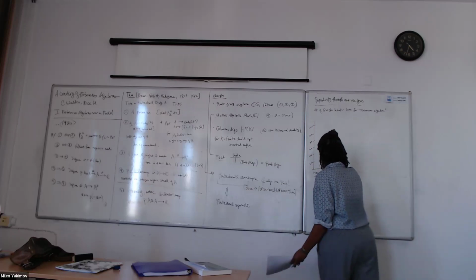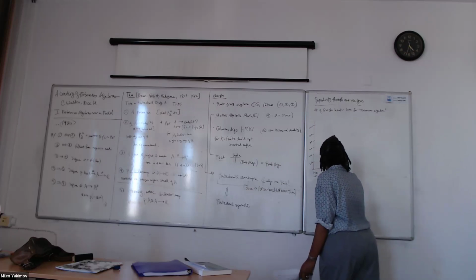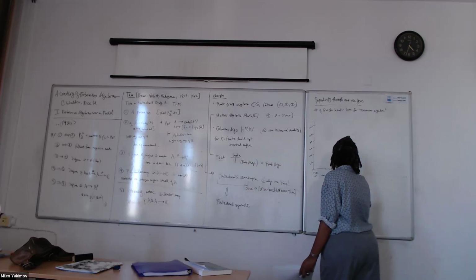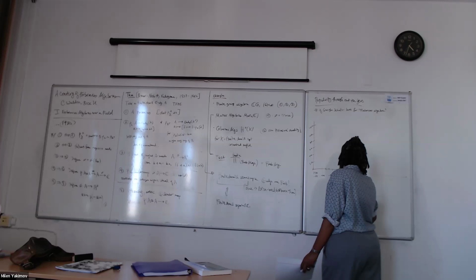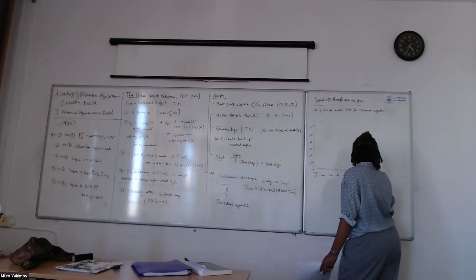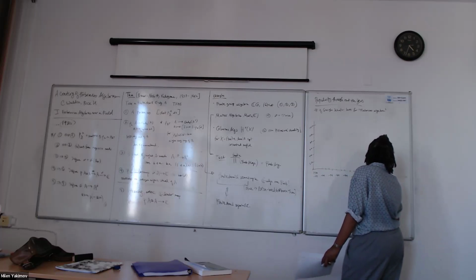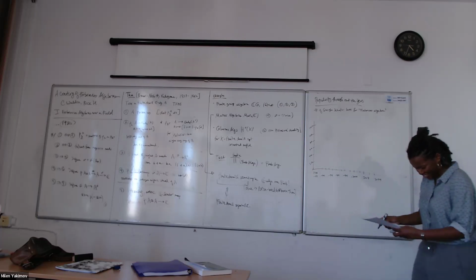I just did it in 5-year intervals, so this is '64, '74, '84, '94, 2004, 2014. This is a really crude bar graph.